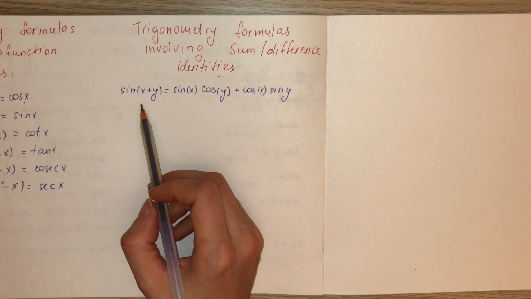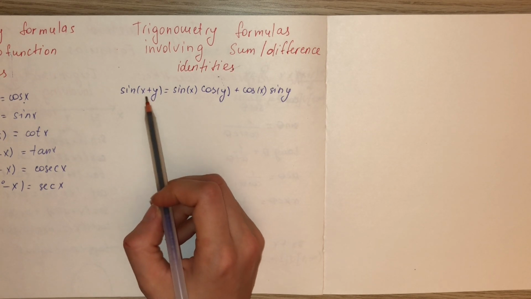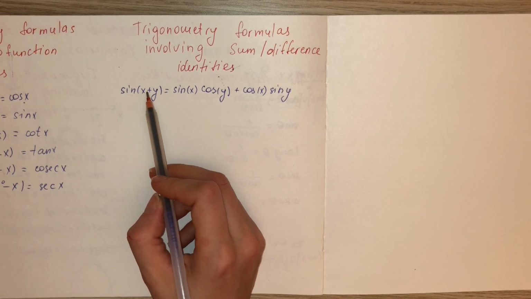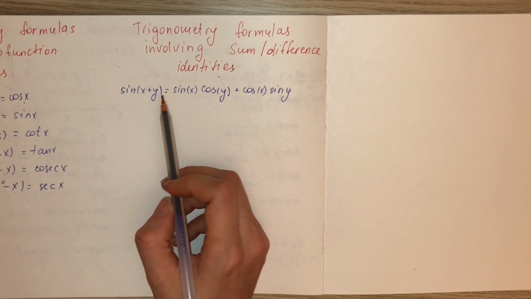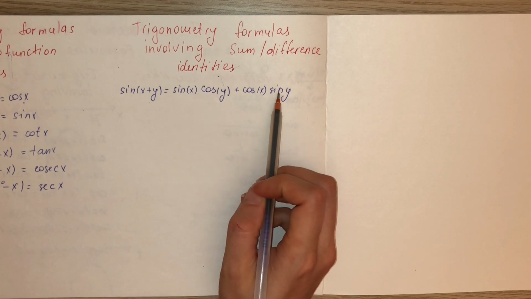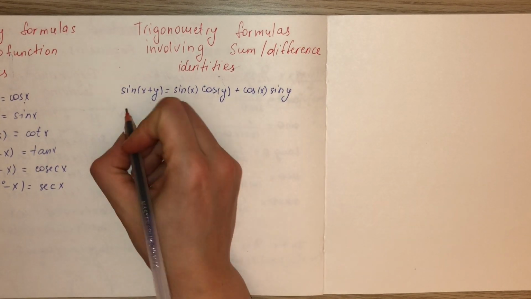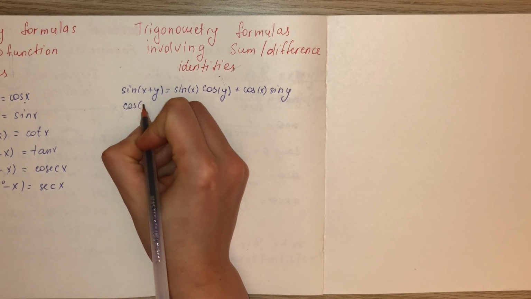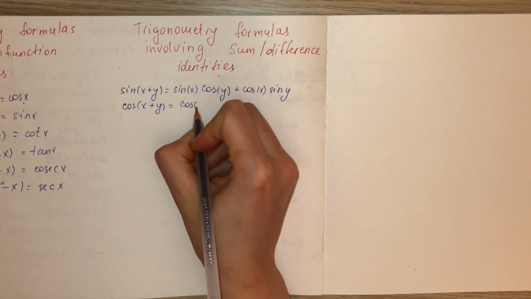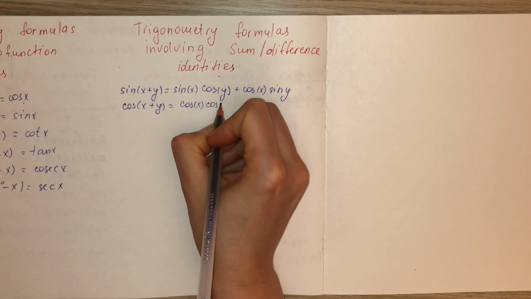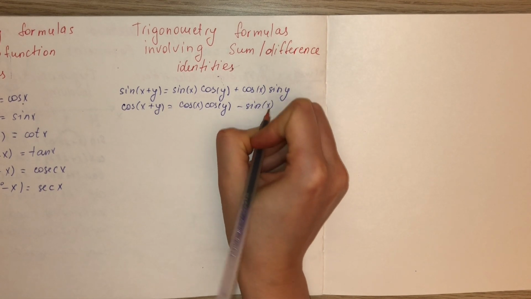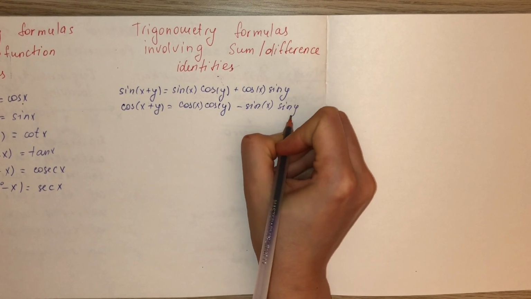Our first formula is the sum. The sine of x plus y is equal to sine x times cosine y plus cosine x times sine y. And let's continue with cosine of x plus y, which is equal to cosine x cosine y minus sine x sine y.